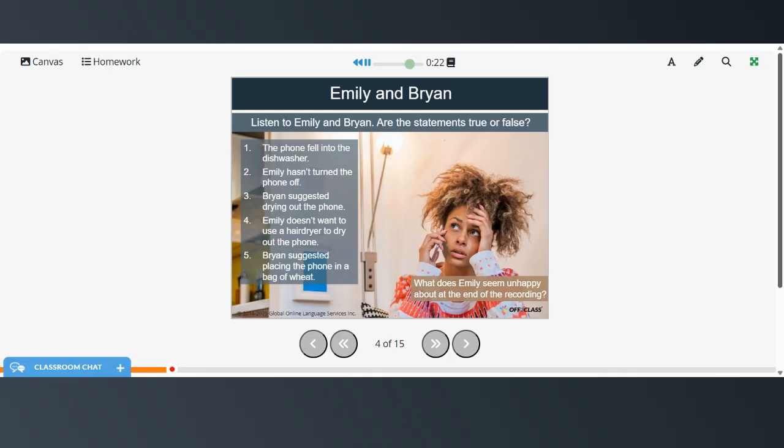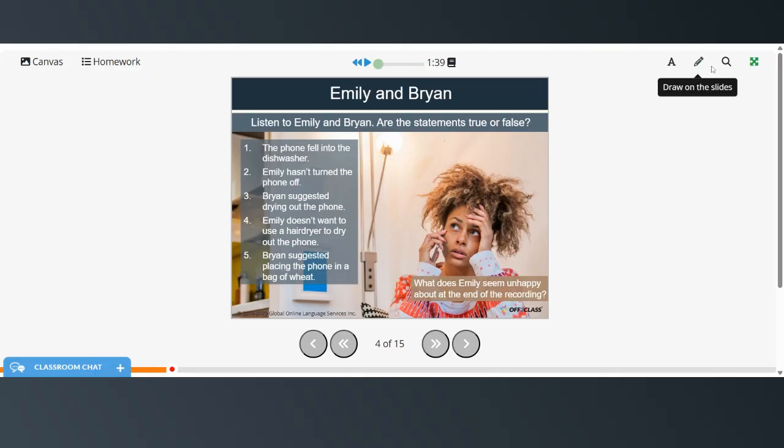Try that first. Have you thought about putting the phone in a bag of rice? No. Why would I do that? Well, the rice is supposed to absorb the water. How about leaving the phone in a bag of rice overnight, and then in the morning you could try turning it on? So I can't use my phone until tomorrow?